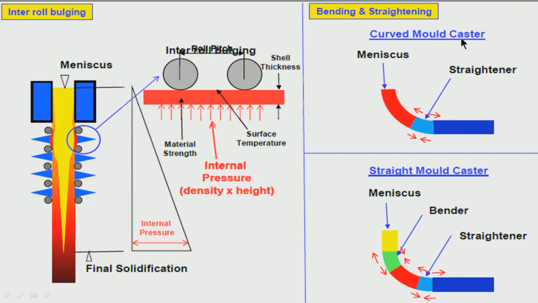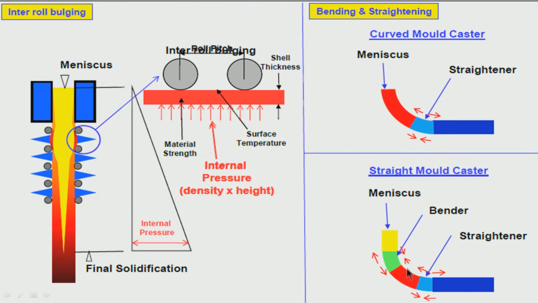But if you have a curved mold, that means the mold itself is curved, so the strand is coming out in a curved fashion. So it is not necessary to bend it any longer. What is necessary after some time is to straighten it, so that it is made horizontal. So in case of a curved mold, we have only a straightener, only straightening of the strand is necessary. But in case of a straight mold, we initially must have bending and then straightening. So this is what is important to understand.